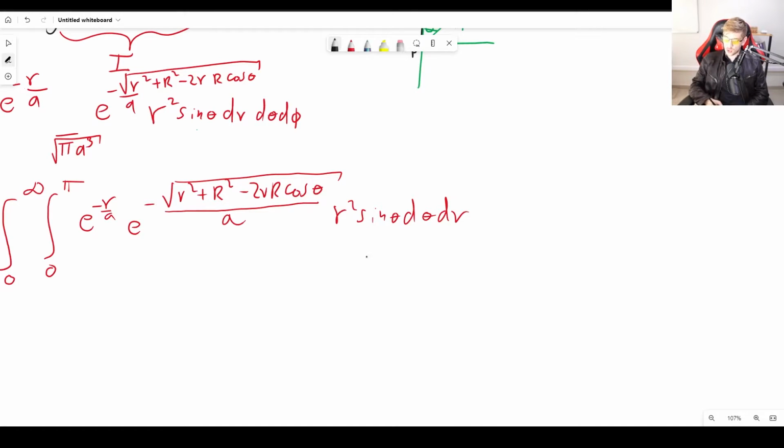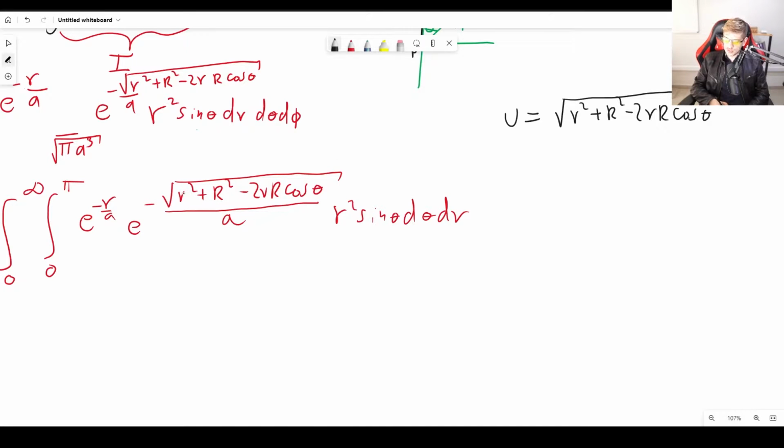And when we take the differential, it's going to include a sine of theta that is already here. So let me show you. Let's call u the square root of r squared plus big R squared minus 2 r R cosine theta.